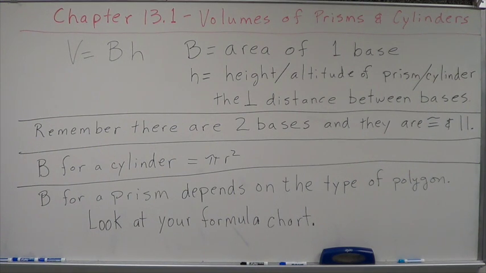Now for rectangular prisms, it's a challenge. You're going to have to figure out which one you want to use as bases. If you're looking at a room that you want to paint, you're probably going to use the floor and the ceiling as bases. If you're looking at a tank or a container that holds water, you're probably going to want the bottom and the top to be the bases. Why? Because the top is typically not there.